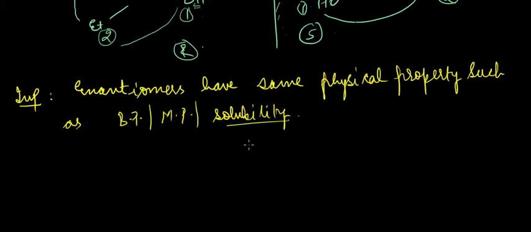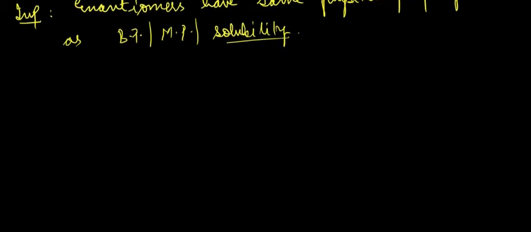Okay, so now let us look at some of the examples wherein we want to calculate the R and S configuration of various compounds. So this is a compound. So let us mark them with priority. I hope you understand what I mean by priority. We've already seen how we calculate the priority of attached atoms on a particular carbon atom or chiral center.